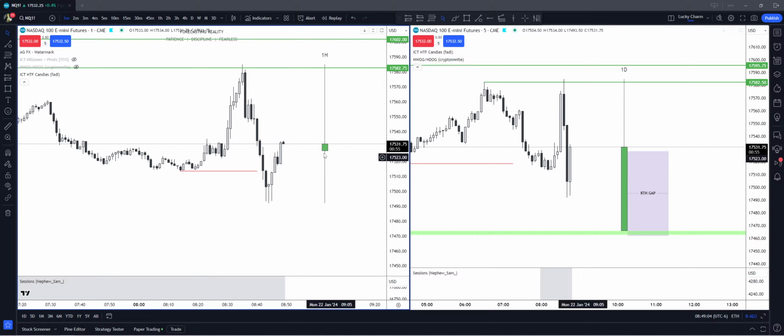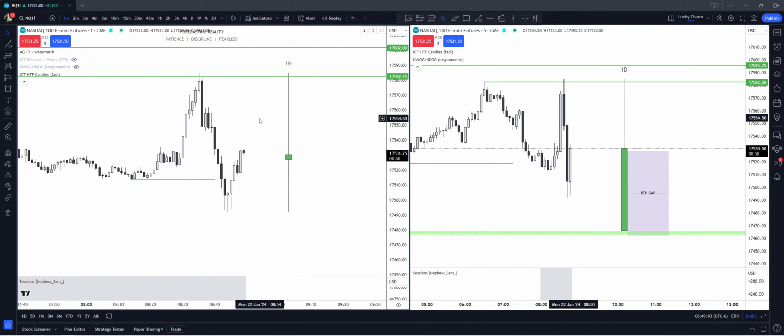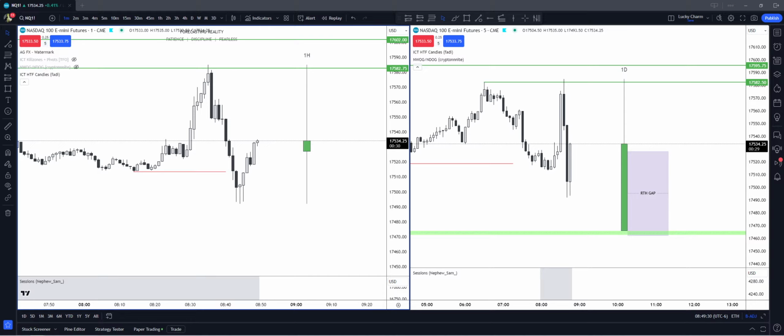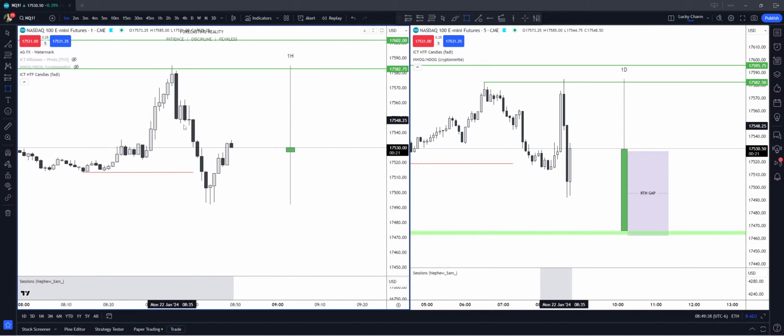Just have to see if that is going to hold or if we just move into consolidation and seek and destroy. Price came down 25% of the RTH gap. Yep.